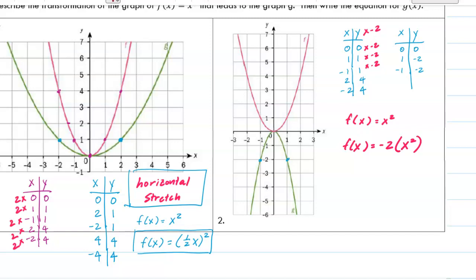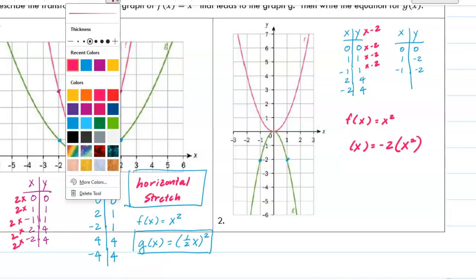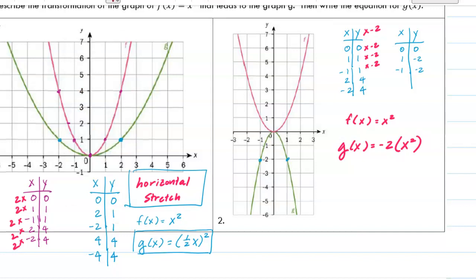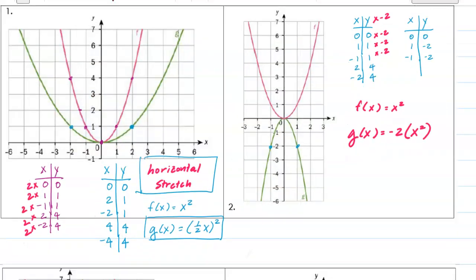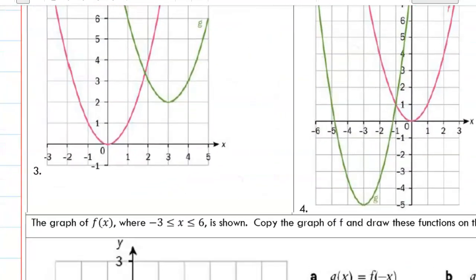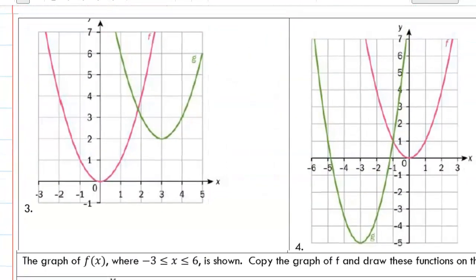Okay, you could literally write it like that. And that's it. Oh, by the way, these are g of x. Okay, good job.